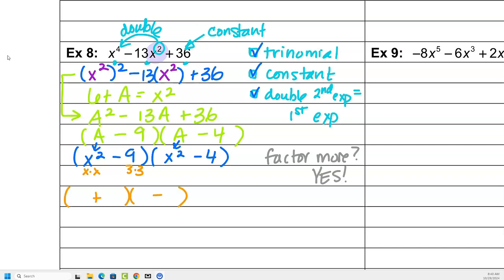One's plus, one's minus, and you get x in the front, 3's in the back. And here is x times x. This also factors, and 2 times 2. That's also going to be two groups. So x, 2, 2. I'll just write it one time here. So x plus 3. Can we factor this any further?